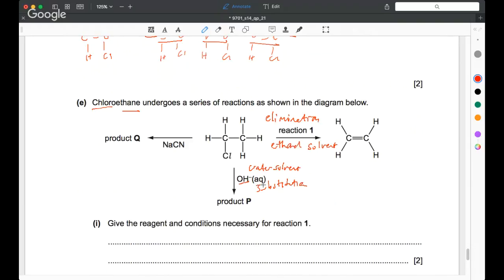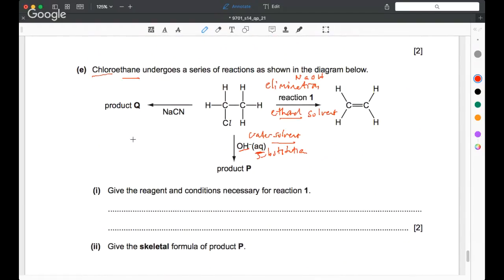They've shown you that here, that you've got a hydrated hydroxide ion, water is the solvent. But here, ethanol is the solvent, and you're going to be using sodium hydroxide again, but it's going to be used in the solvent in an elimination reaction.